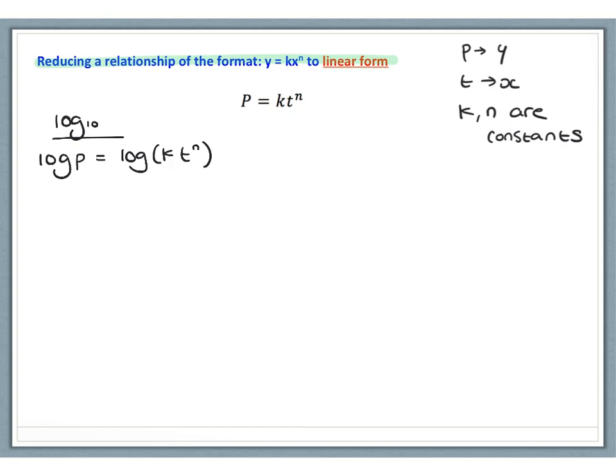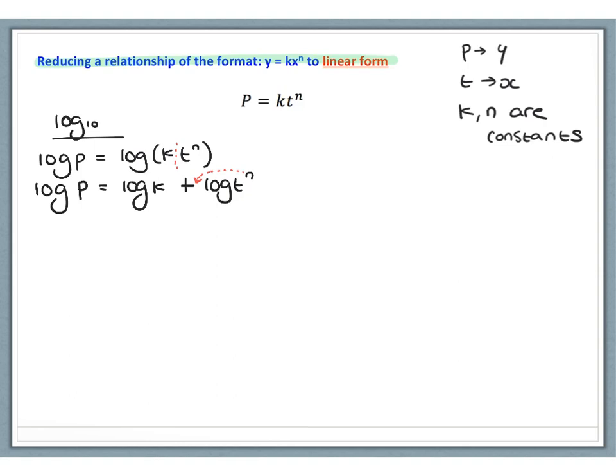Now, this is a product of k and t to the power n, so I can split up the right-hand side into two logs. So I've got log of p equals log of k plus log of t to the n. And then I can use another log rule to bring this n down to the front here.